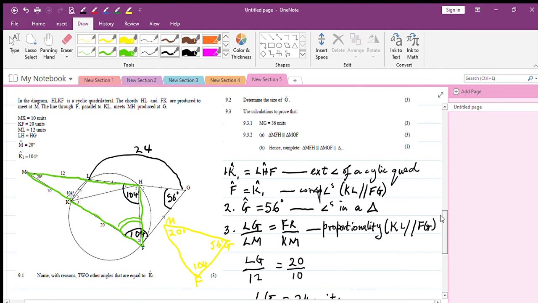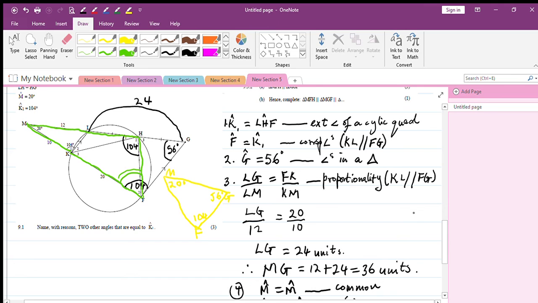So we've done that part. Then the last part is that we need to complete the statement that says MFH is similar to MGF, also similar. So we need to find the third triangle which is similar to these two given triangles.